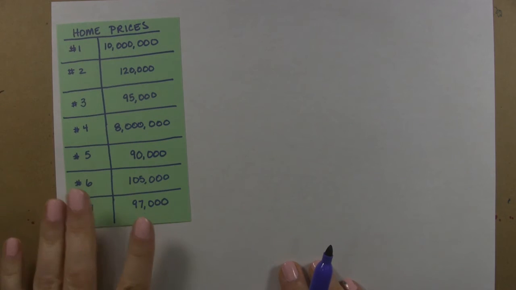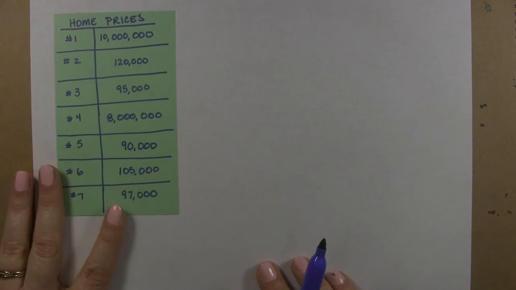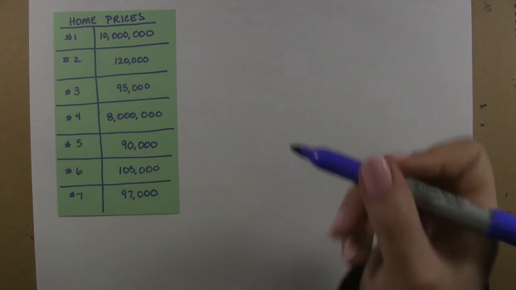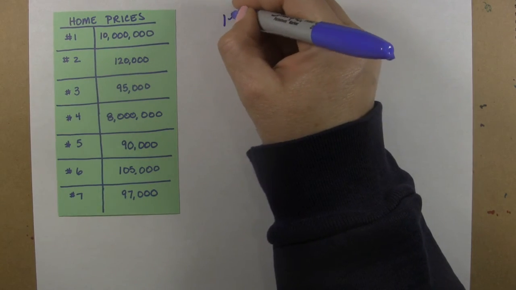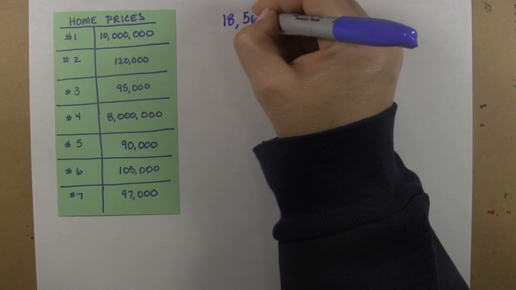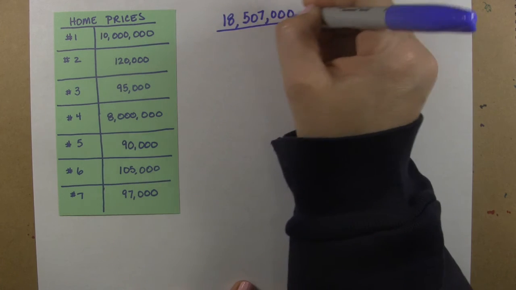Let me give you another example. This one, very common. Here are home prices for a neighborhood. If you add up all those home prices, you get $18,507,000 worth of house.